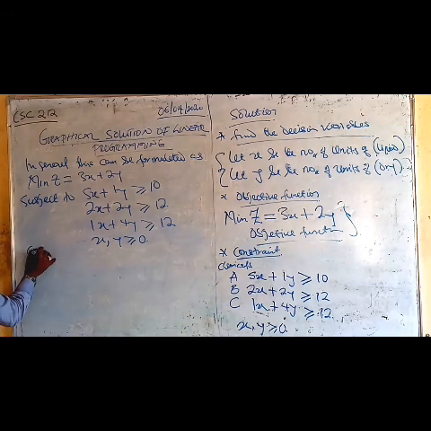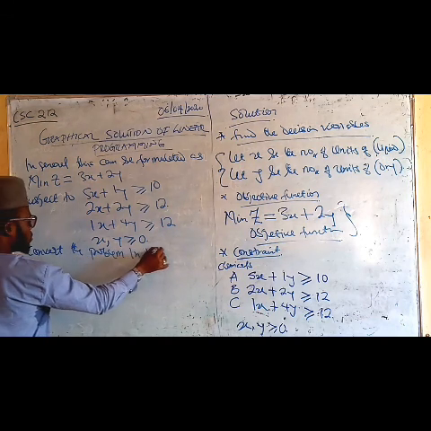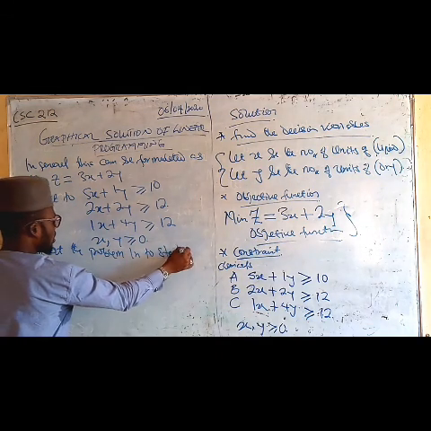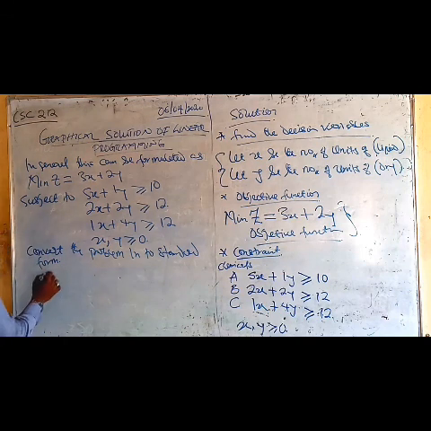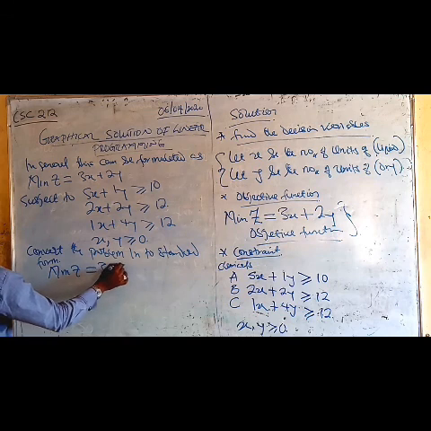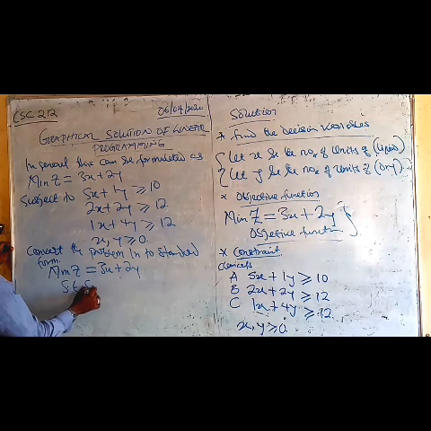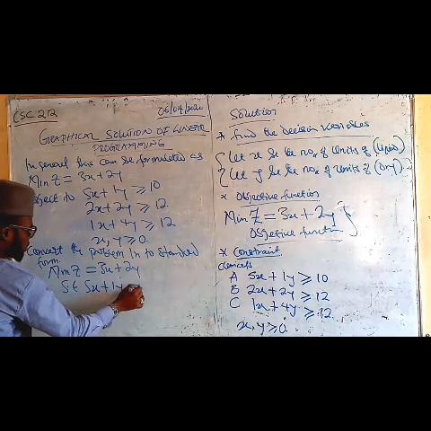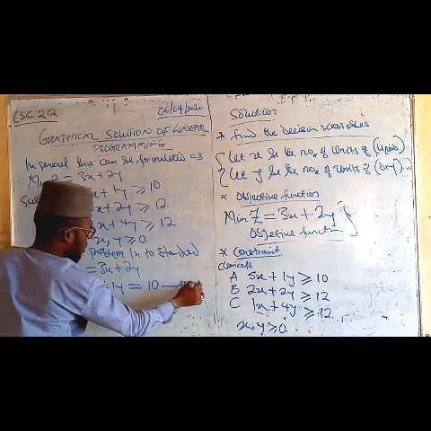So convert the problem into standard form by saying min z equals 3x plus 2y, which is subject to 5x plus 1y equals 10. We call this equation 1.